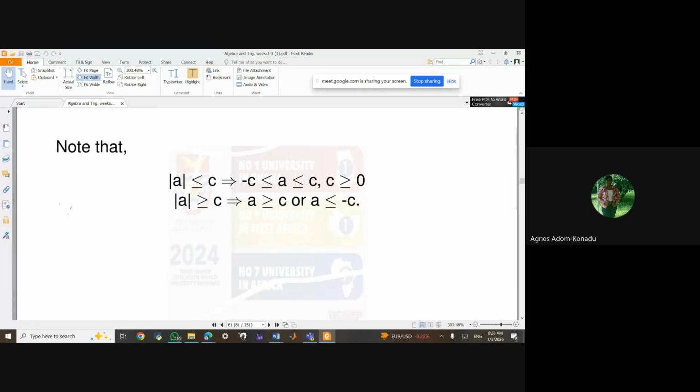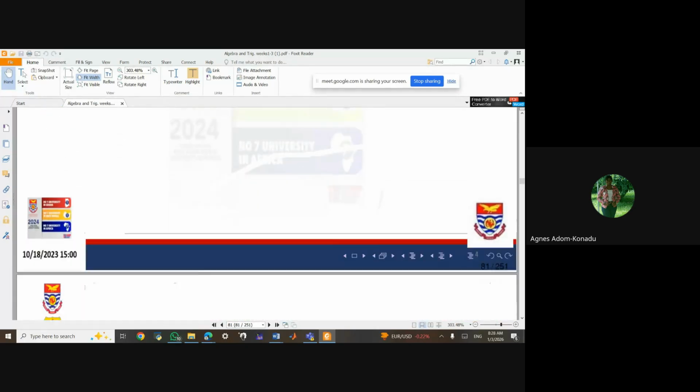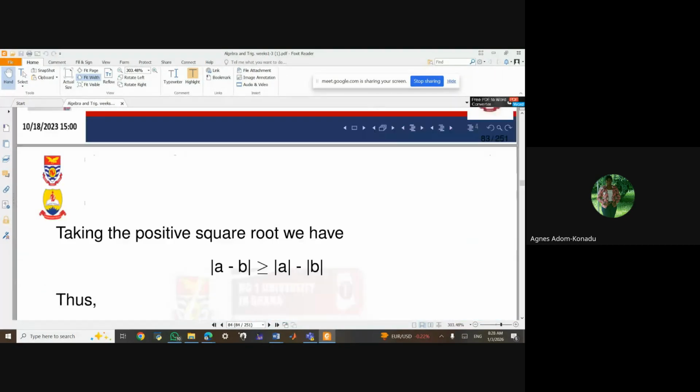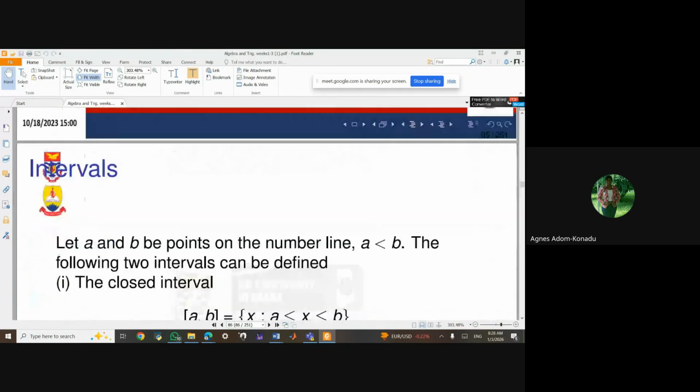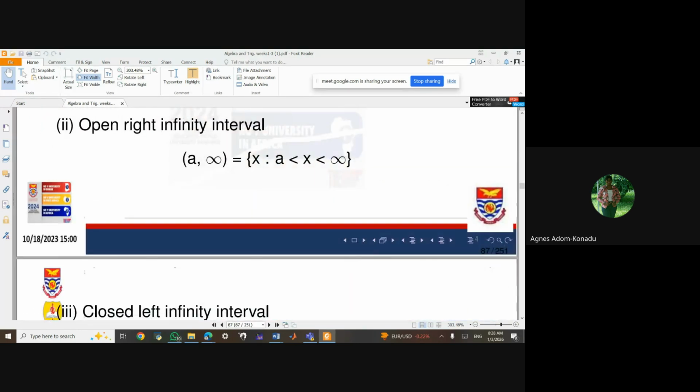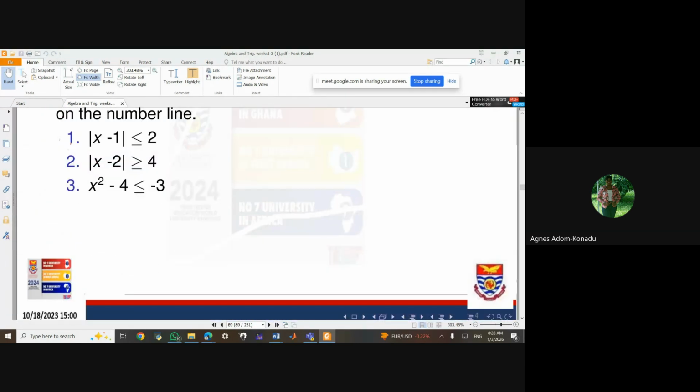So using that, it's going to be x minus 2 greater than or equal to 4, and then x minus 2 less than or equal to negative 4. Then use that to solve.